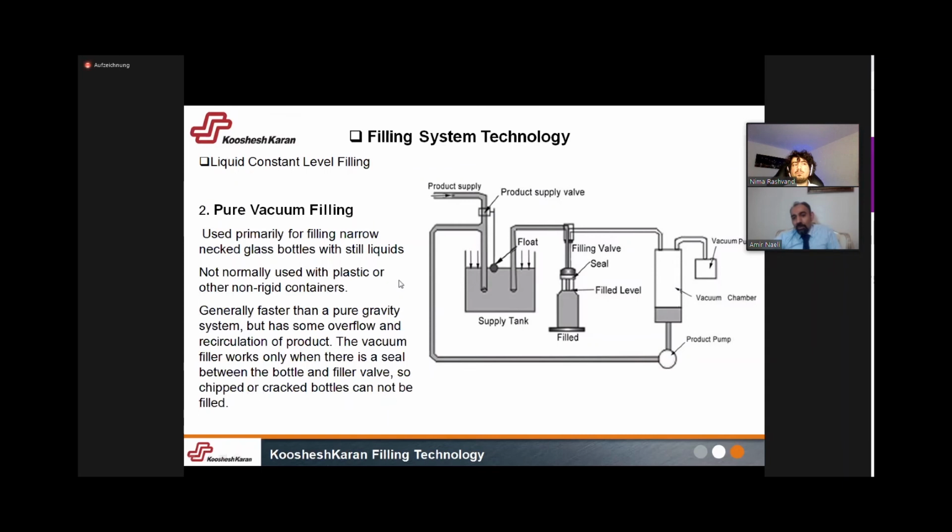You must use this vacuum only for glass bottles because they are rigid. It is generally faster than pure gravity because the air comes out with the vacuum. And the vacuum filler works only when there is a seal between the bottle and the filler bar.